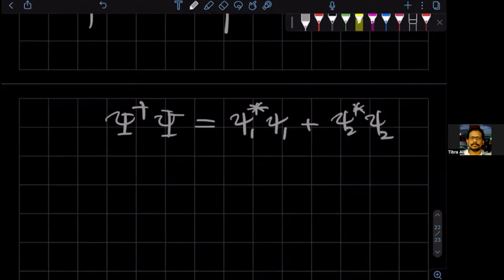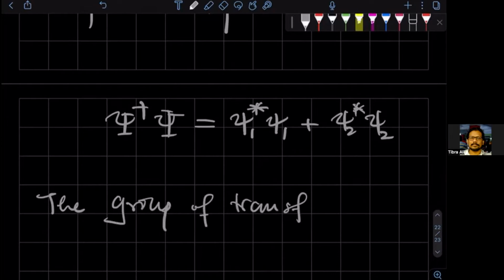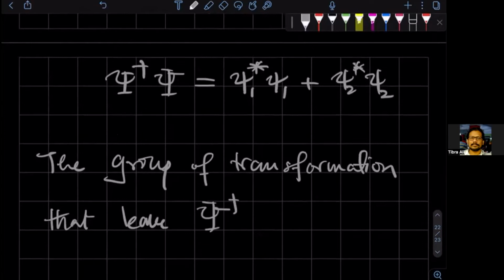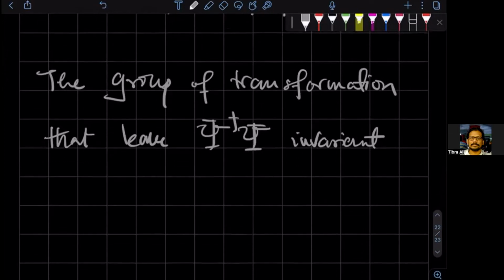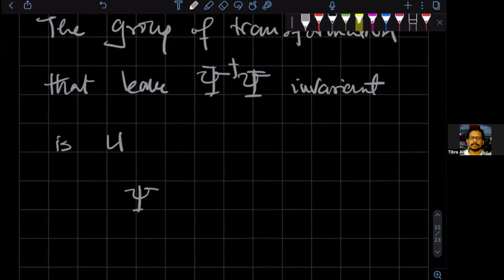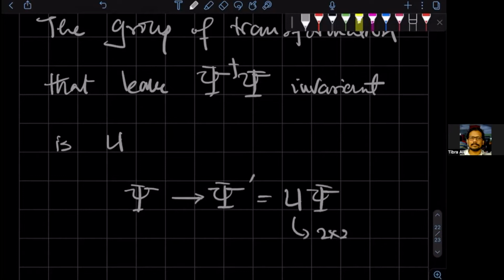So now the group of transformations that leave psi dagger psi invariant is, suppose we denote it by U. If I have psi and I change it to psi prime, which is related to some matrix U acting on psi, this is a 2x2 complex matrix, right?